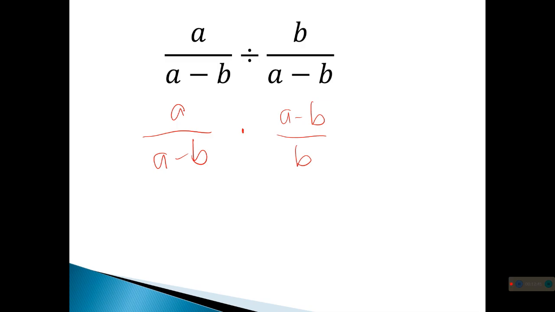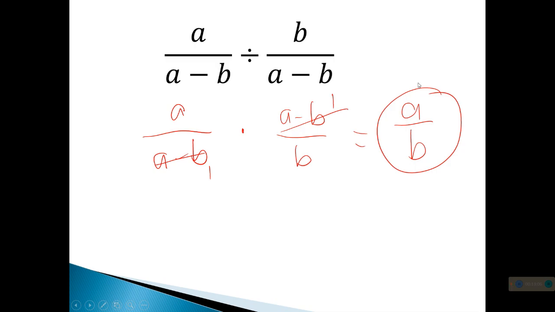I hope you already memorized the steps. Copy the first given, change the division sign to a multiplication sign, then flip the second fraction, and then proceed in factoring if they are factorable. So, in this case, these are common. So, this will become 1. And then, there are no other common factors. So, your answer here is just a over b.